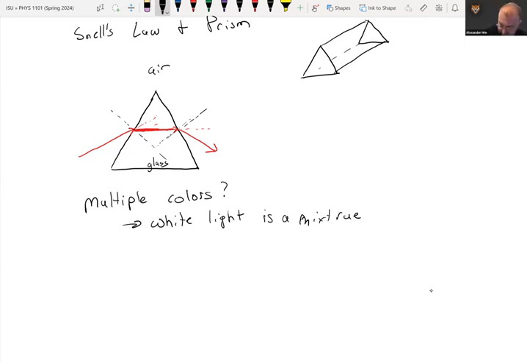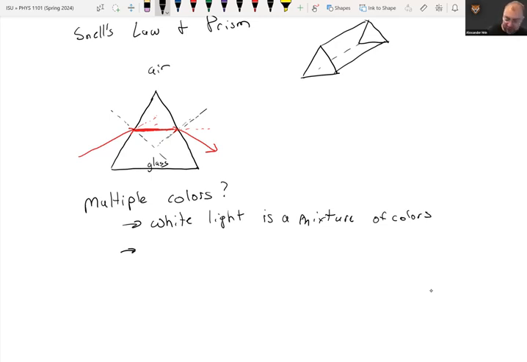It's a super interesting experiment to be able to do that, but it's a little bit outside the scope of what I want to talk about now. But you've probably heard this phenomenon before. White light is a mixture of colors. Okay, so that's one thing to note.